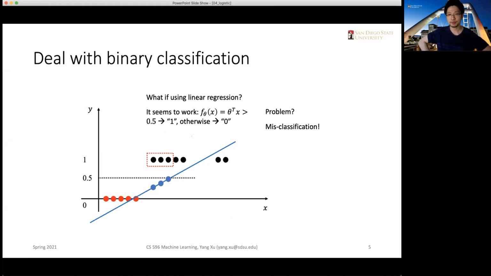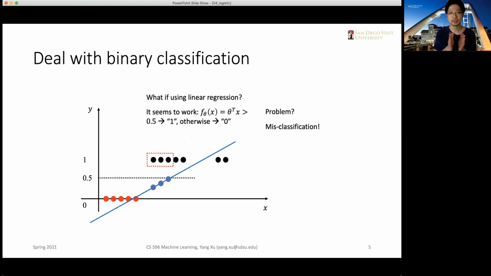This is a misclassification, because they are supposed to be 1, but according to the new model they are below the threshold. So this is the problem of fitting a linear regression model to a binary prediction task.